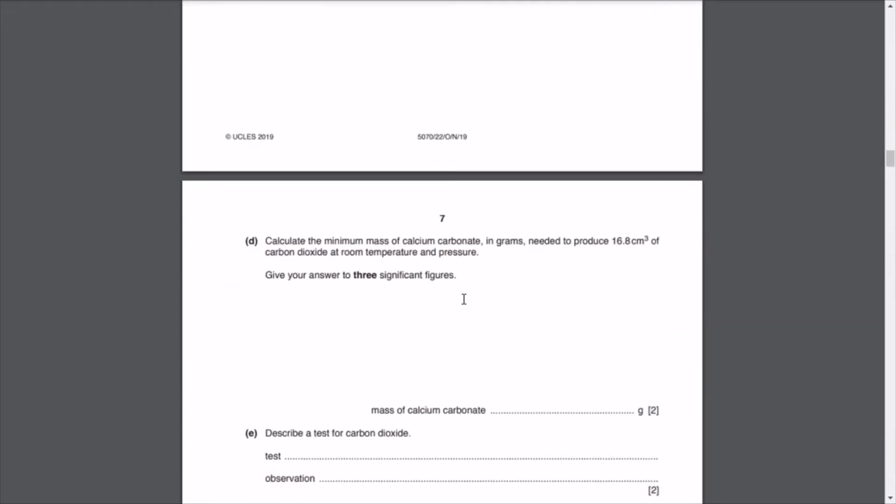Moving on to part D. Calculate the minimum mass of calcium carbonate in grams needed to produce 16.8 cm³ of carbon dioxide at room temperature and pressure. Give your answer to 3 significant figures. Now in part D, first of all, we are going to find the moles of carbon dioxide.